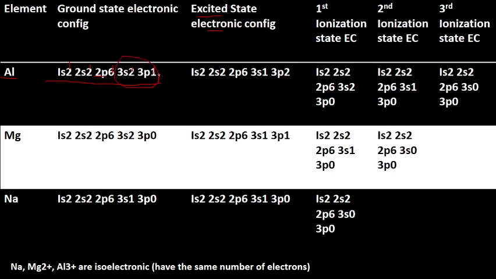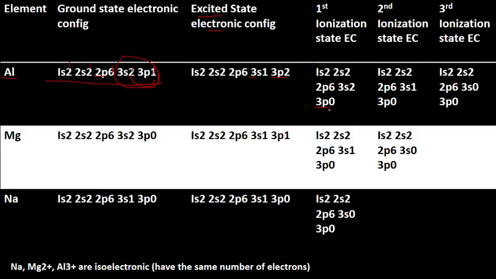So we have 3s2 and 3p1 as the outermost shell electrons. So one electron will be promoted from 3s2 to what? 3p1. It will now become what? 3s1 and 3p2.